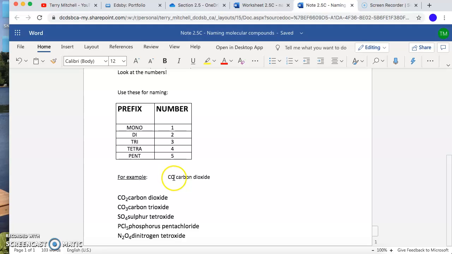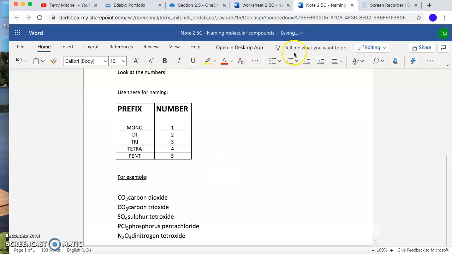But when it comes to the second atom type, we have oxygen, or sorry, my bad. We're talking about carbon monoxide. Because there's only one oxygen and it's the second element type, we say one oxygen or monoxide. So that's how that is named.